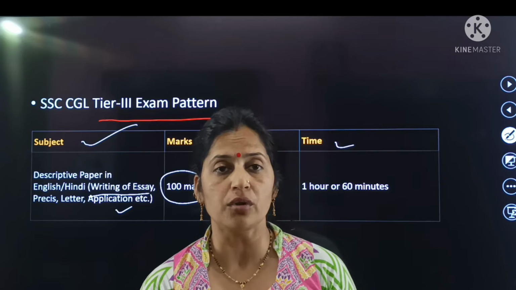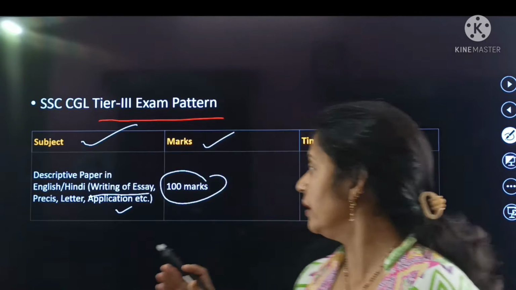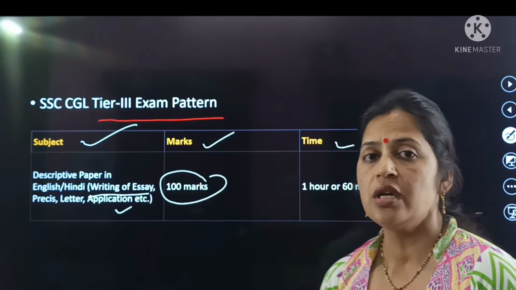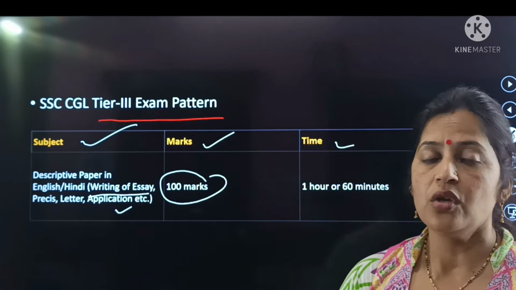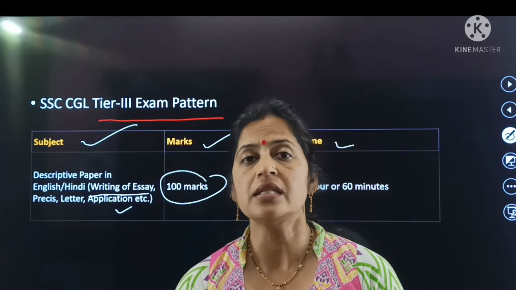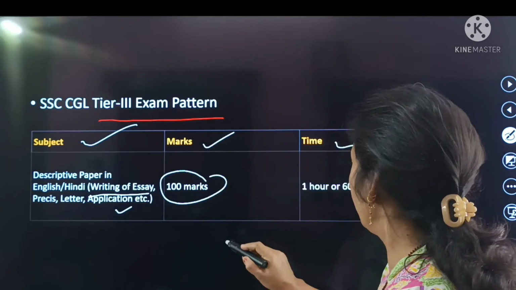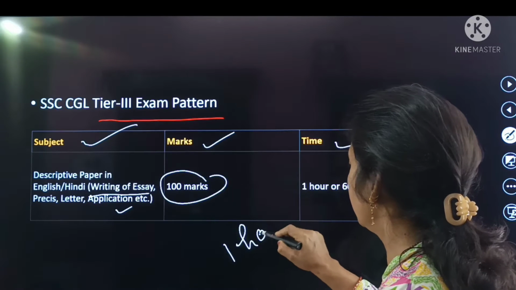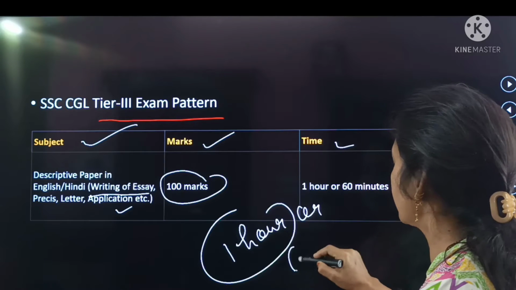The time allotted for the candidates belonging to the PWD category is increased from 60 minutes to 80 minutes. For the other candidates it is 1 hour or 60 minutes.